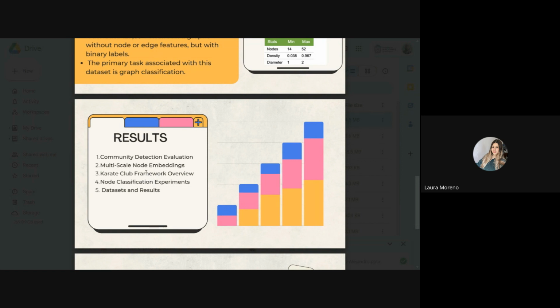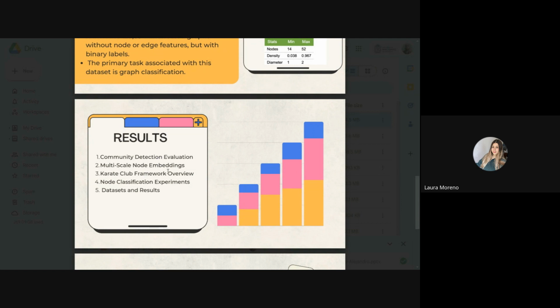The other result is node embeddings. They found that multiple approaches, including DeepWalk and Walklets, are highly effective in creating high quality node features.